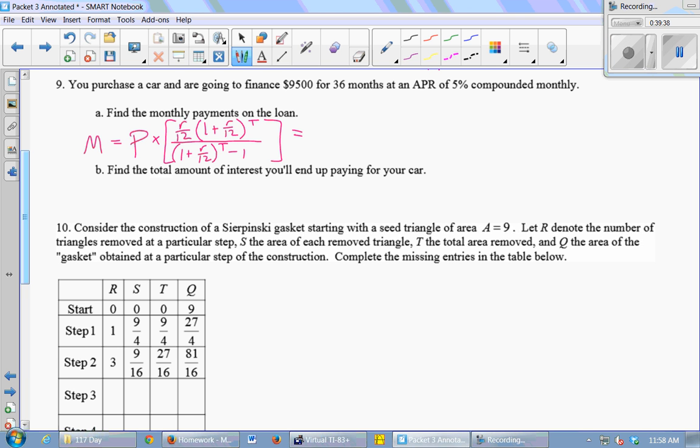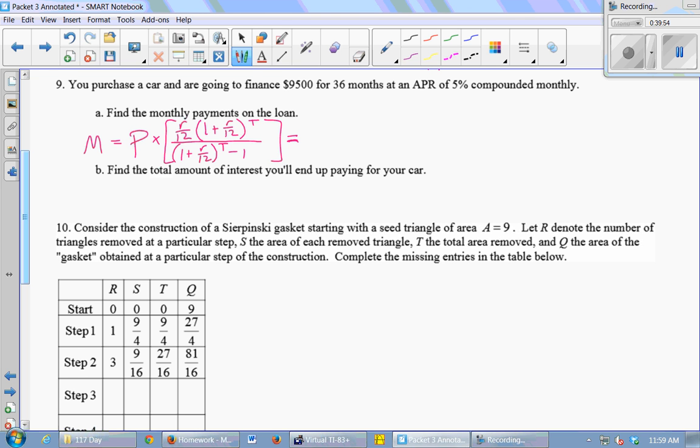I mean, it looks ugly, but that's why we have calculators to make this easier. So P is our loan amount. I'm looking for monthly payment, I'm trying to figure out what M is, so I have to be able to fill in every other letter with a number.